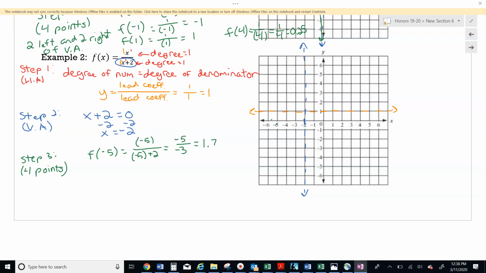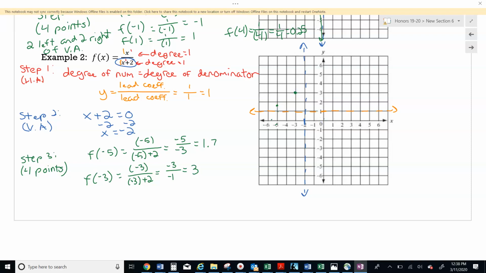My next point, let's do negative 3. That's negative 3 over negative 3 plus 2, which is negative 1, which equals 3. So at negative 5, I have 1 and then 0.7 more, so about there. And at negative 3, I have about 3.